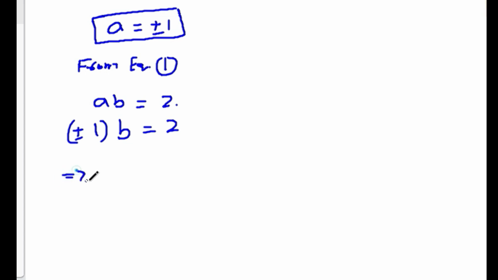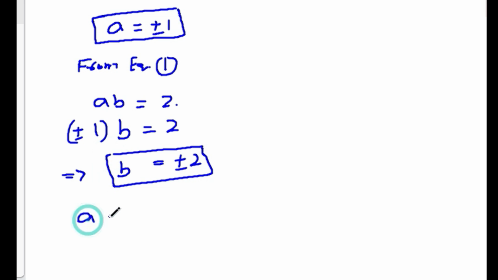Here we have B is equal to plus minus 2. We have A is equal to plus minus 1, B is equal to plus minus 2 and C is equal to plus minus 3.